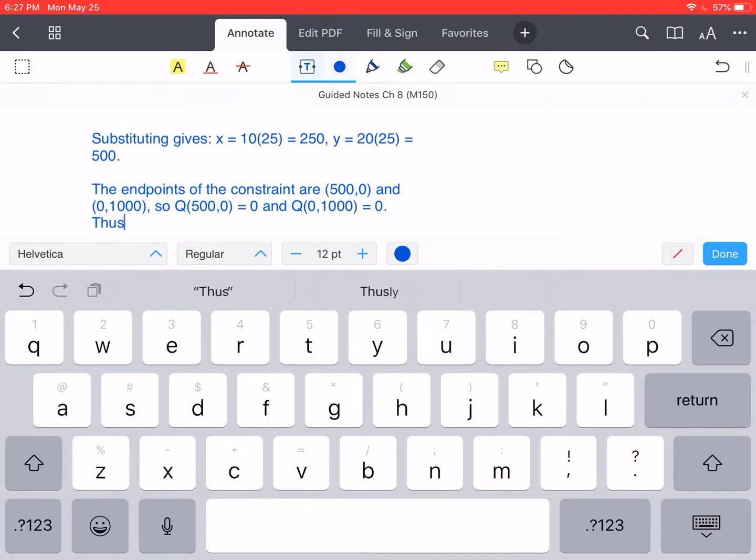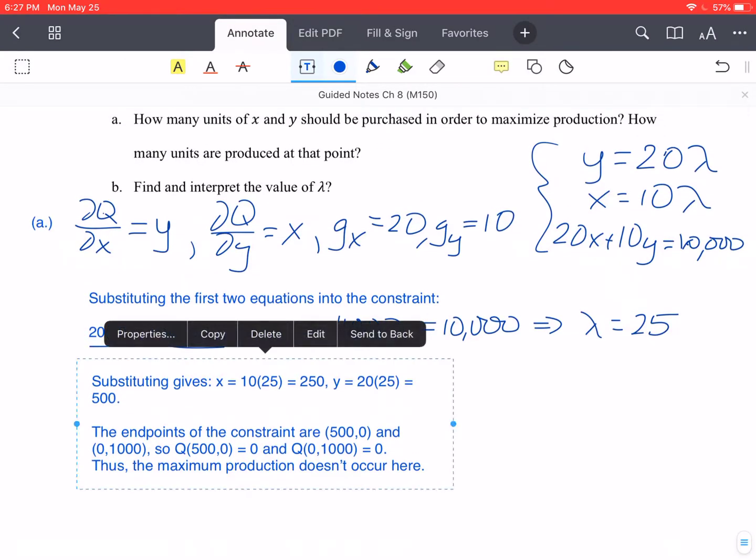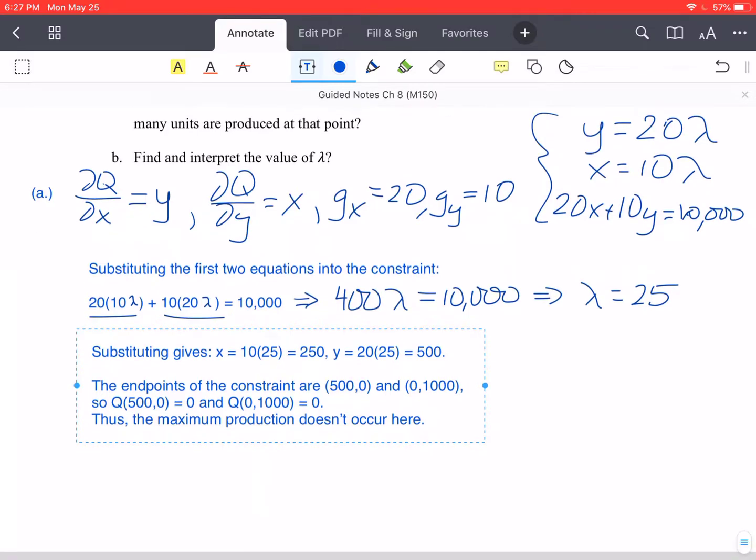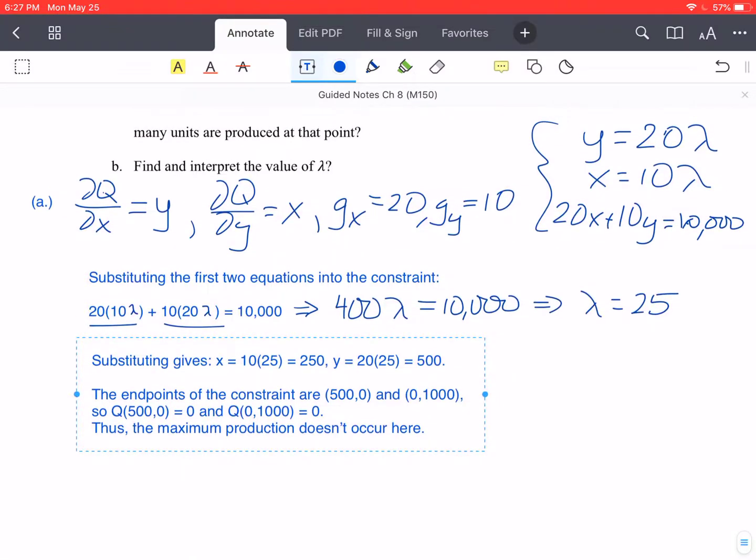So thus, the maximum production doesn't occur here. So our maximum production has to occur at the x and y values that we found.